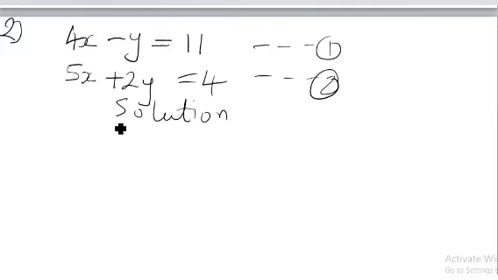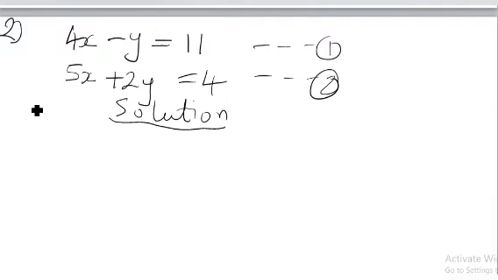I explained earlier that the aim is to make the coefficient of x the same if it is x you want to eliminate. If it's y you want to eliminate, you have to make the coefficient of y the same. So here I want to eliminate x, so let's do that. And to eliminate that, I'll have to multiply with a number to give me the same.